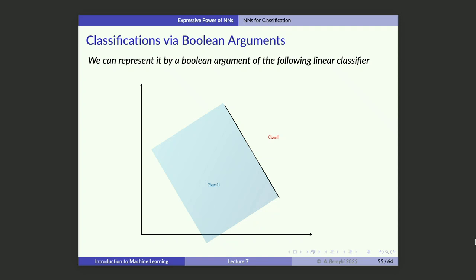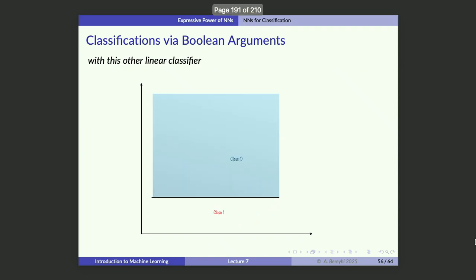Now I can think of a second line, the lower line. Anything above it is 0, anything below it is 1. And now, if I want to refer to that particular region, I just need a binary function, right?